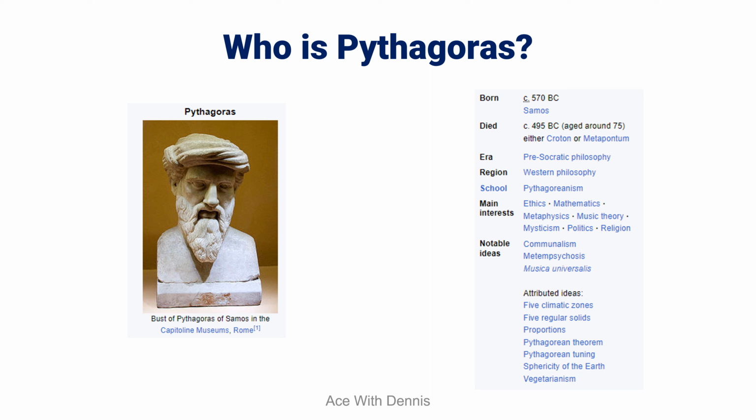He was not only famous in mathematics, he also gave great contributions in ethics, music, politics, and religion. Not only Pythagoras' theorem, he attributed many other ideas, such as 5 climatic zones, 5 regular solids, proportions, and so on. You can search his name in Wikipedia and find all the information here.